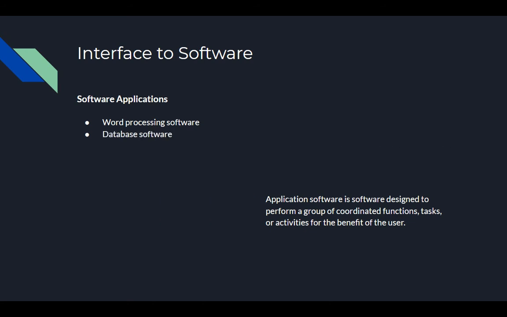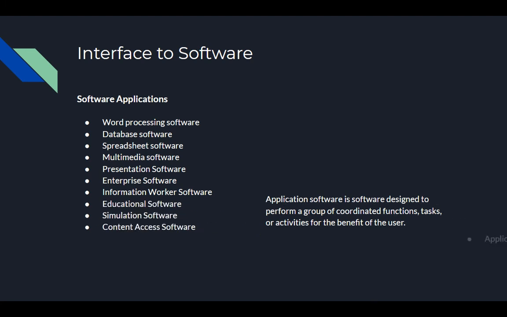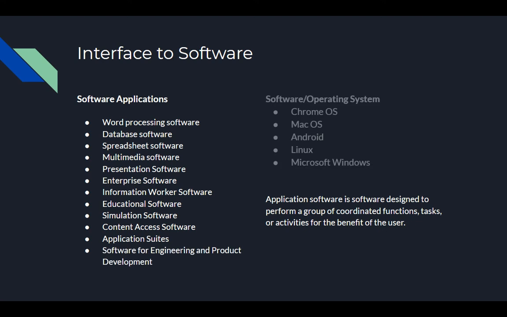By using this to interact with the software, we can get the computer to do what we want it to actually do. There are a variety of different software applications which are appearing on the screen at the moment, such as word processing software, database software, spreadsheet software, and so on, which these interfaces can be used for.